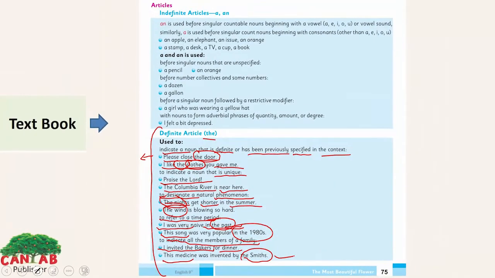And remember one thing more, when we use the superlative degree of adjective, we add the definite article before it, like the largest, the tallest, the prettiest.